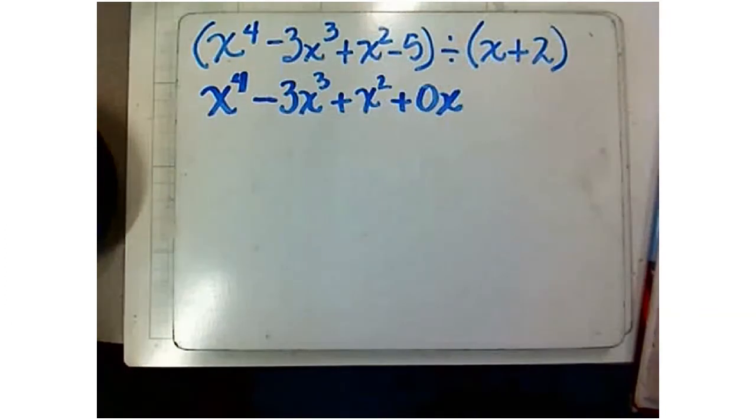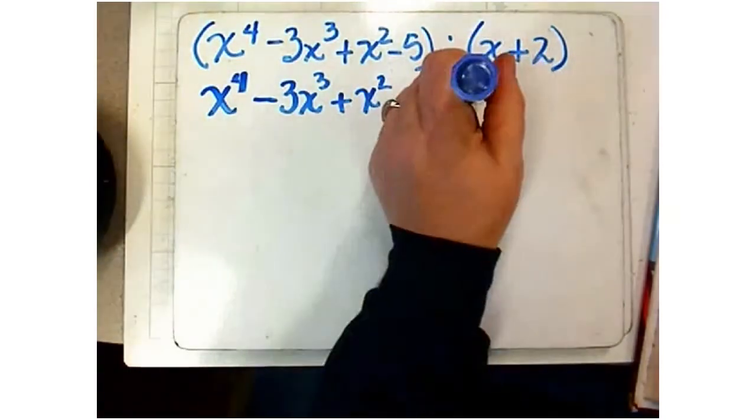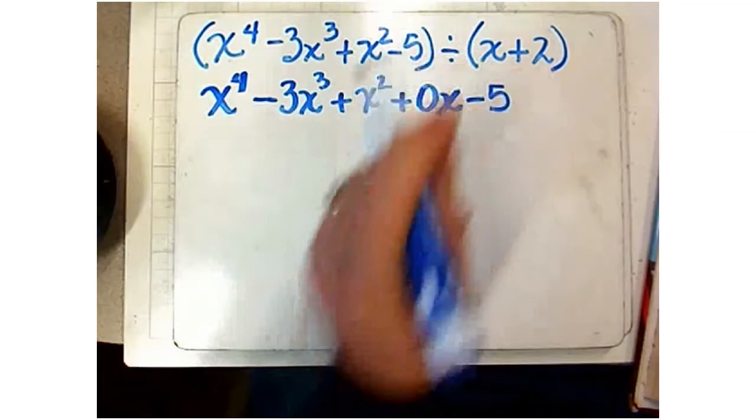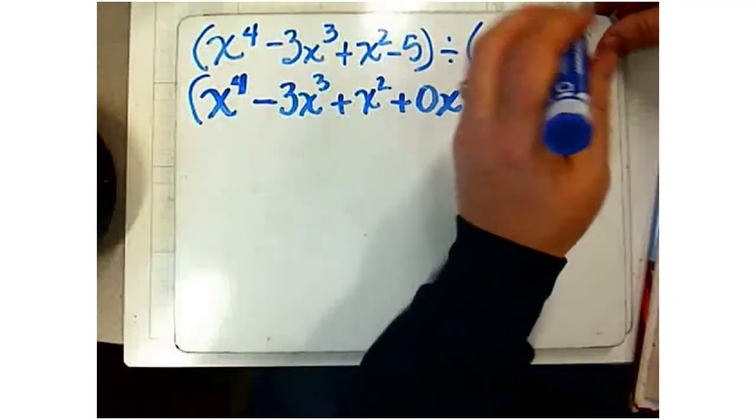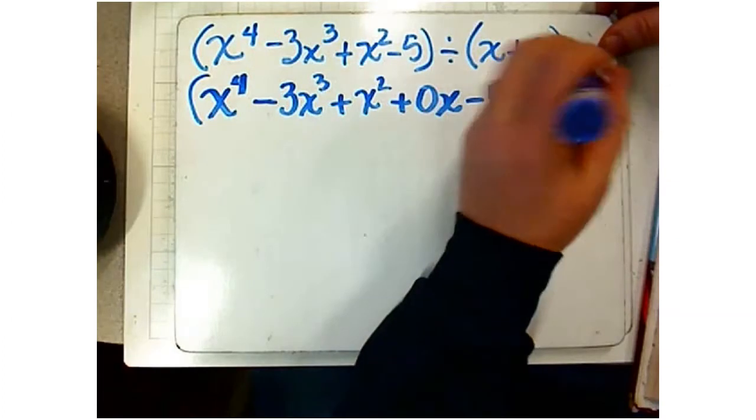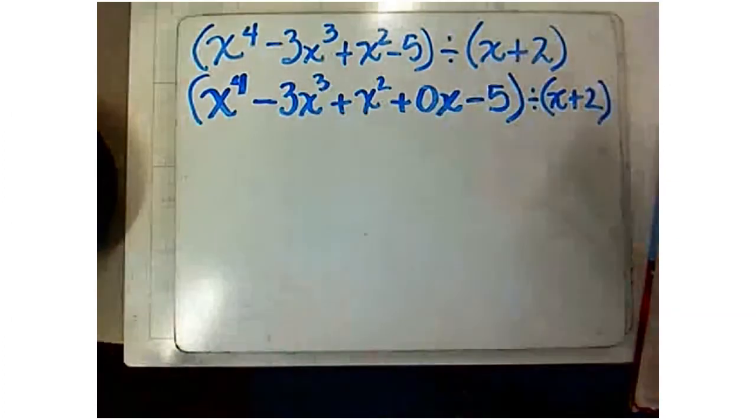From your original polynomial in descending order, we have a 4, a 3, a 2. We don't have a 1, so we have to create one. You have to say 0x, so that we can do this synthetic division with all of our little columns having something in them.